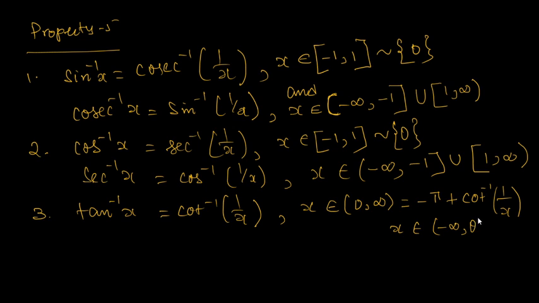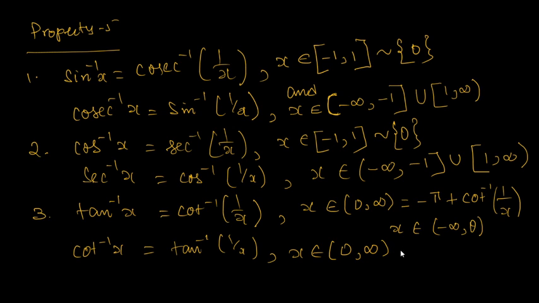Right? Open interval. And similarly we can include cot inverse of x can be what? Tan inverse of 1 by x. In this case x belongs to the open interval 0 comma infinity, that is equal to plus pi here.